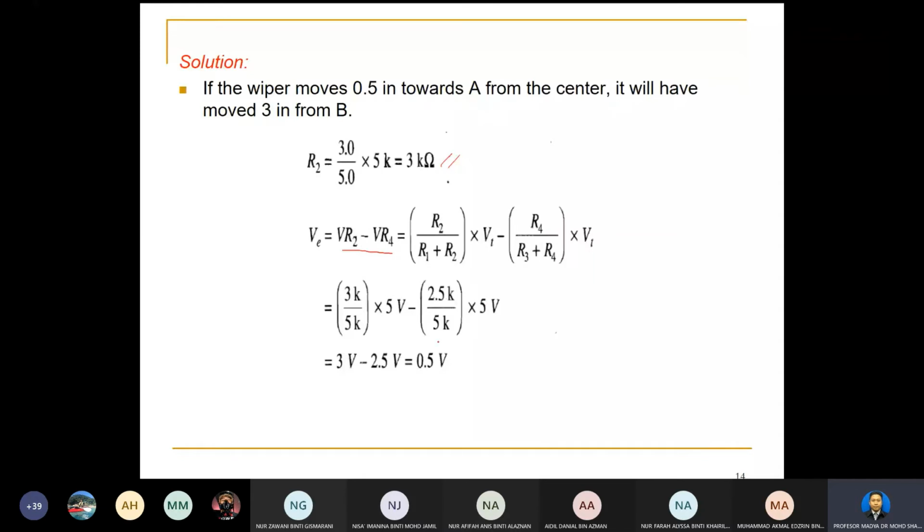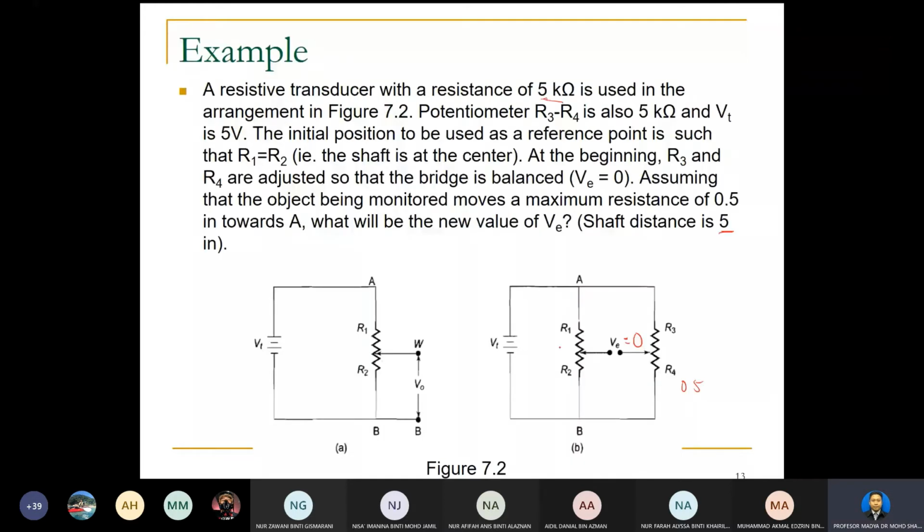This is actually similar to the DC bridge. That is how to get the voltage here. It is a standard formula: V2 minus V4.